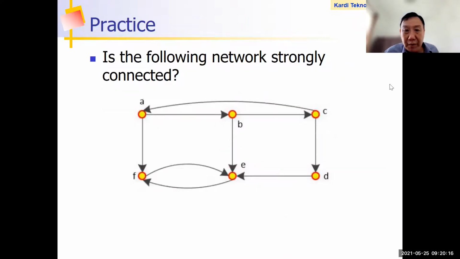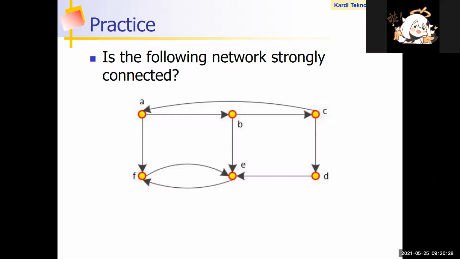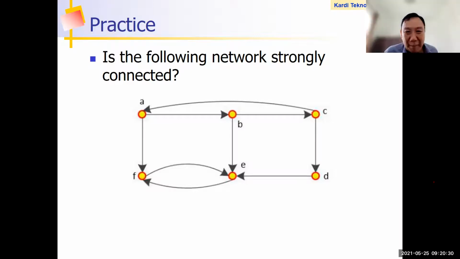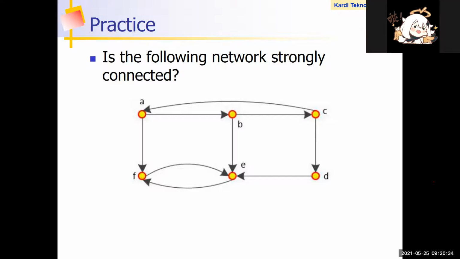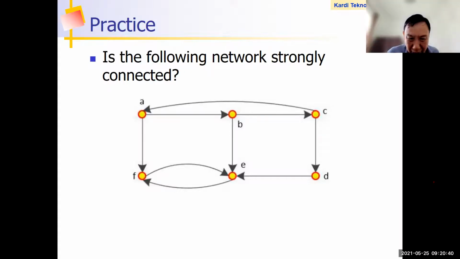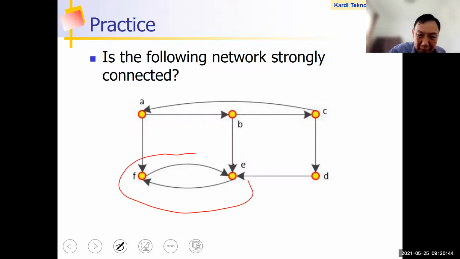So tell me now, is this network strongly connected or weakly connected? Weakly. Tell me why. I mean, F and E, you can only go between them. F and E is a component, that's correct. You're very good. So this is a component.